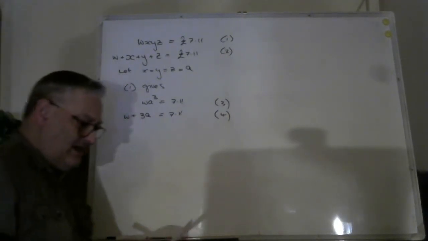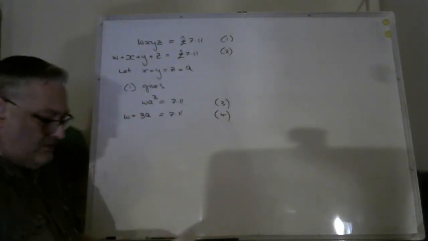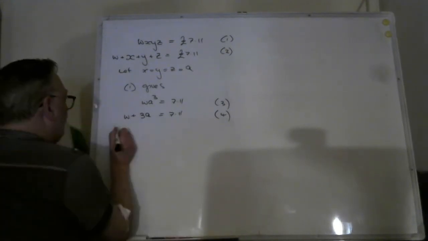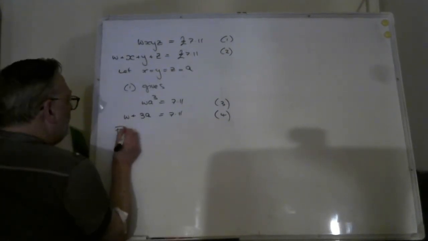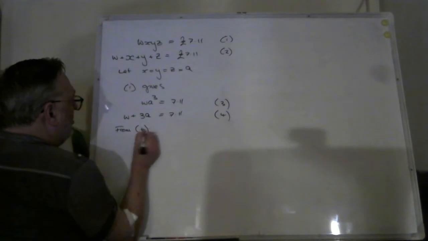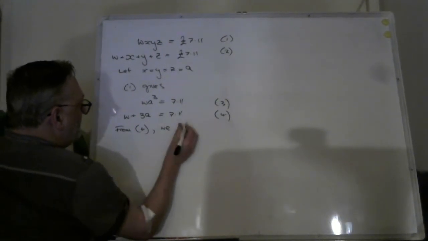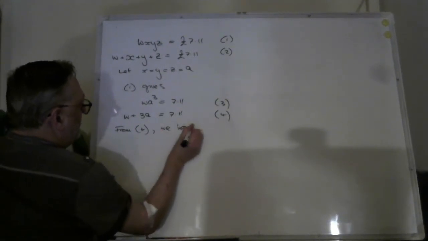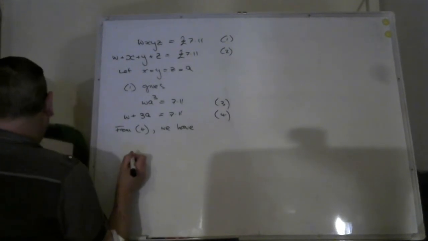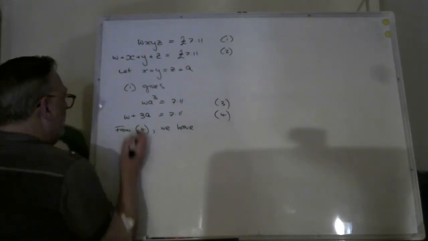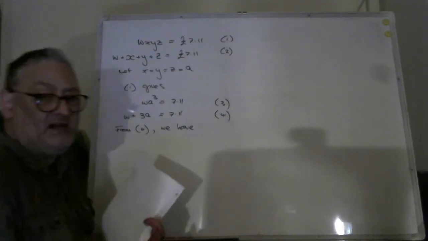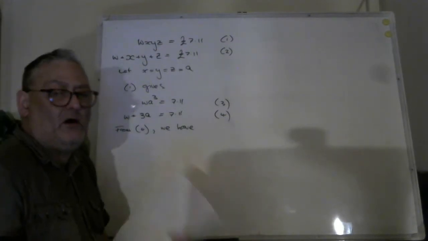Now then, from equation 4, we have, let me see, W is our first price. We'll assume that is the largest price.